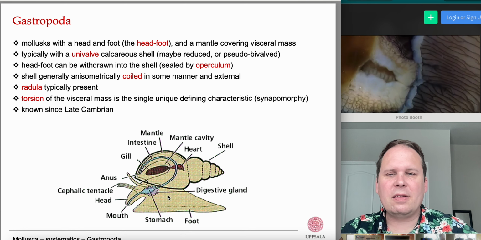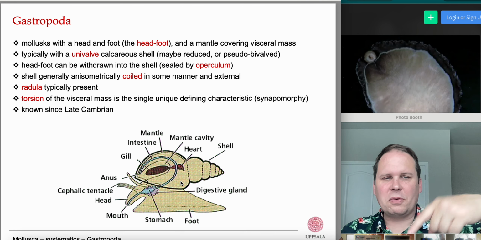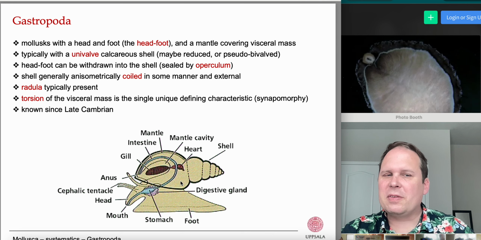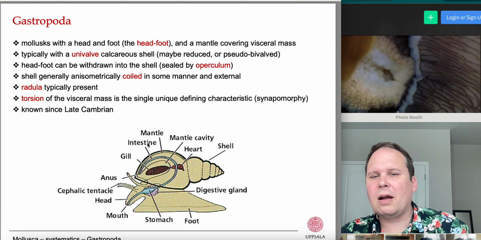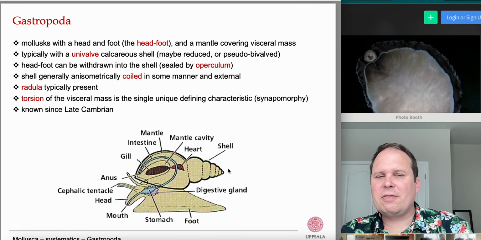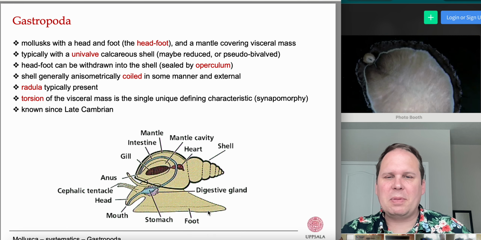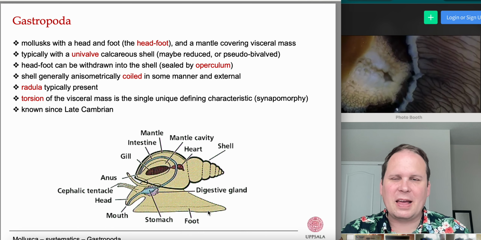The shell is normally going to have torsion in it. Torsion's like curling, and the most common thing is for it to get larger and kind of move to the sides. So gastropods like this would not be particularly good swimmers, potentially, if they were not bilaterally symmetric.